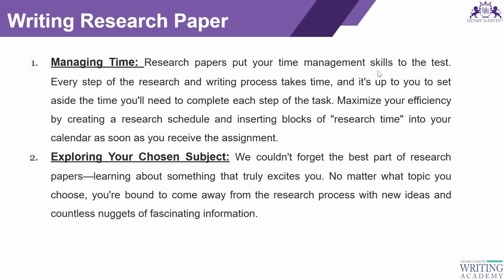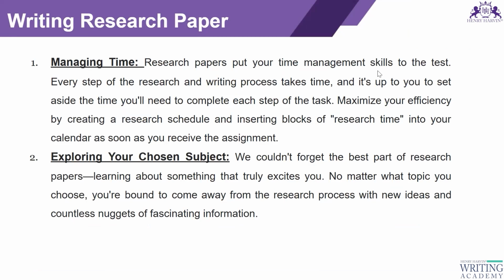If you need to submit the research paper very quickly, it gets very difficult. A lot of time research papers generally take 3 months, 4 months, and at times more than that as well, depends on the topic. So managing your time really well and figuring out till when you need to submit it, and how much research you need to do on this topic, that is a major job when you're writing a research paper.